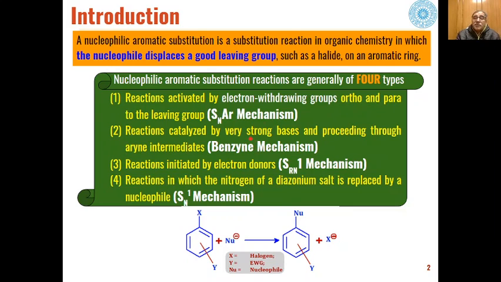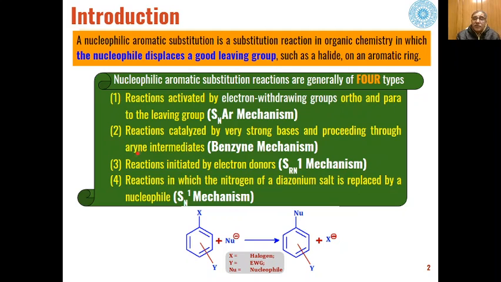Then there are other types of nucleophilic aromatic substitution reaction which follow the benzyne mechanism, and these types of reactions are catalyzed by very strong bases, and they proceed through aryne intermediates. Aryne means benzyne as the intermediate during the reaction, and the most commonly used strong bases in these types of reactions are potassium amide or sodium amide.